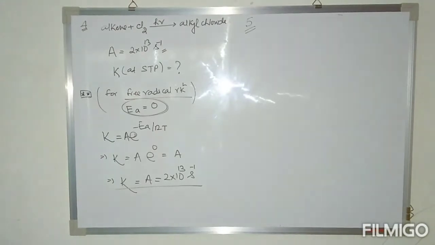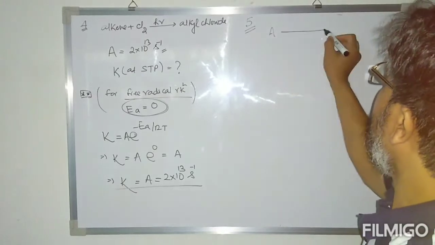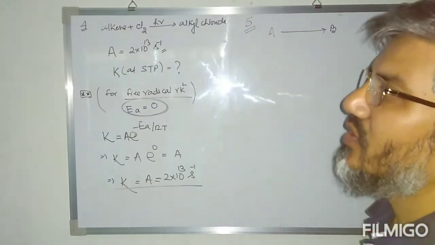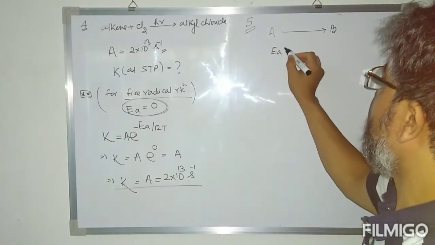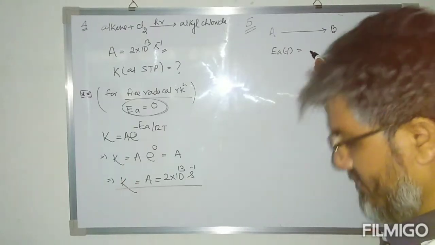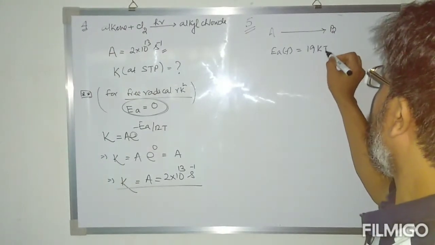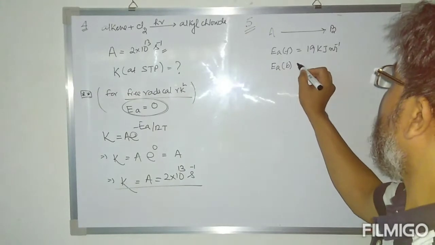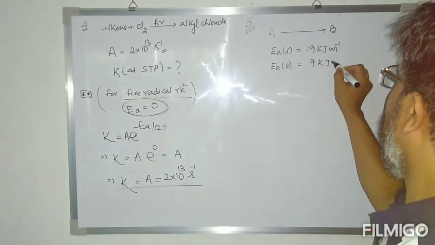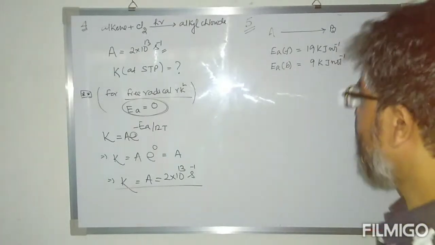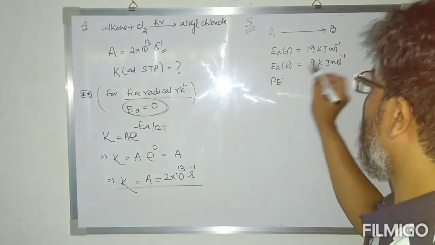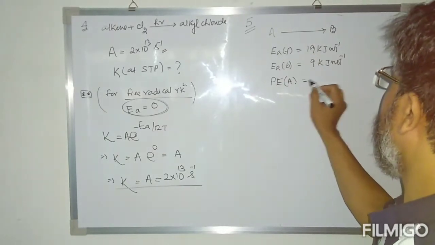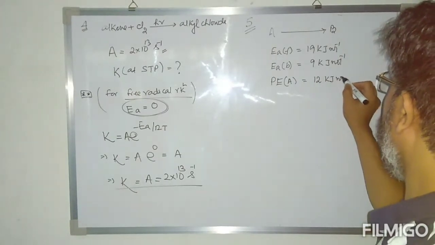Next question. We have a reaction A to B. For this reaction, suppose the question says the activation energy of the forward reaction is 19 kilojoule per mole, and the activation energy for the backward reaction is 9 kilojoule per mole, and the potential energy of the reactant A is given as 12 kilojoule per mole.